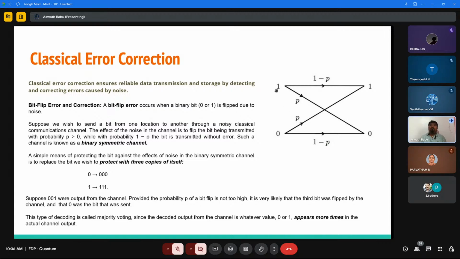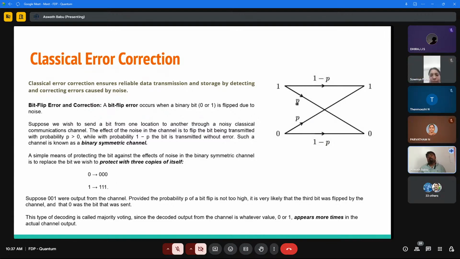So 1 becoming 0 happens with probability p, and with 1 minus p probability it is not going to flip. So I will have this kind of probability transition of 0 to 1, 1 to 0. This is what the classical computing people are going to use to represent their bit flips.